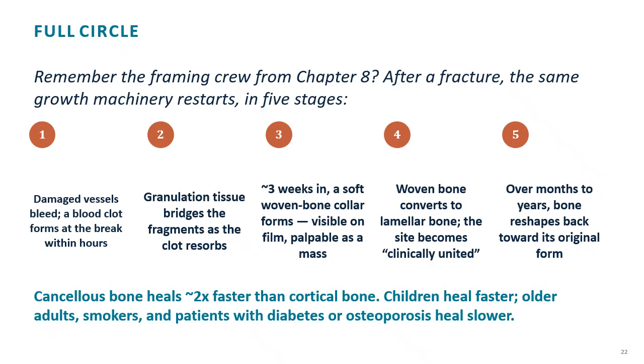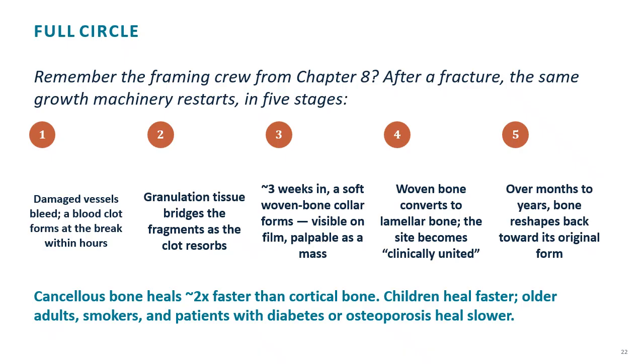The third stage is called callus formation. A soft callus will eventually develop, and over time it will gradually become mineralized, and this will typically be visible on the radiographs after a few weeks.